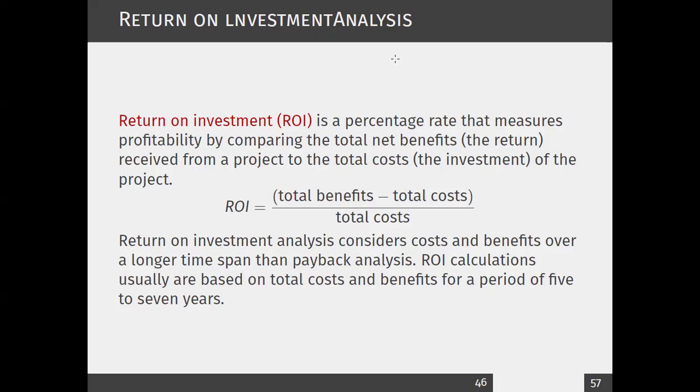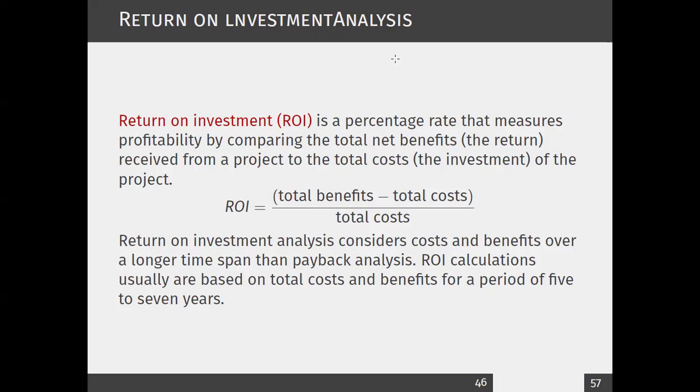This is called return on investment. One of the problems in the previous case is that we have not thought about the total benefits you will get compared to the costs you spend. Therefore, in return on investment, we compare both the total benefits and the total costs, and then we get a ratio.